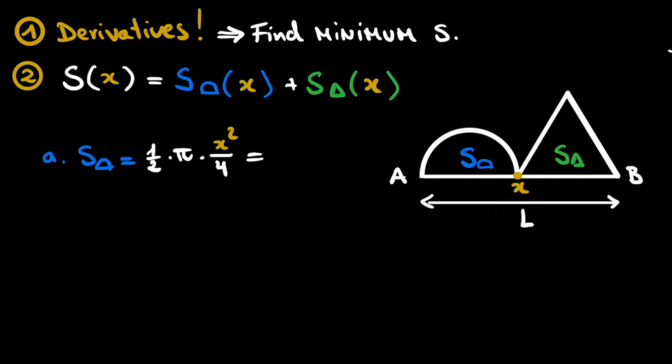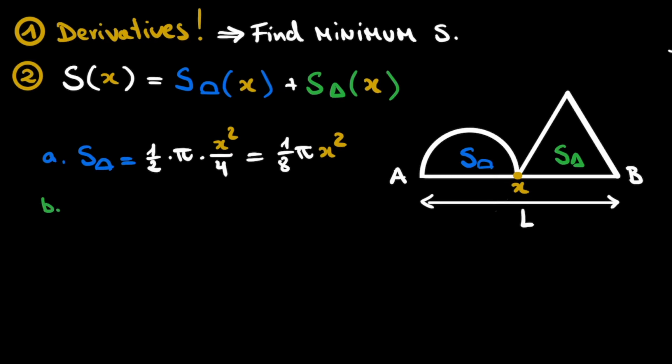Or written differently, we have 1/8 times pi multiplied by x squared. So we see that we're already halfway down, because we've written the surface of the semicircle as a function of x. Now we turn to the surface of the equilateral triangle.